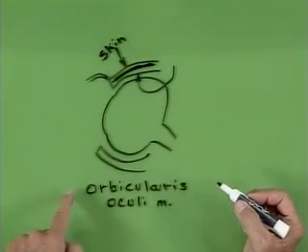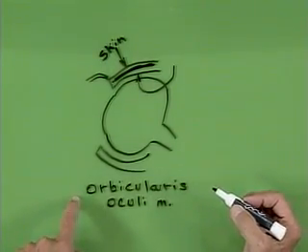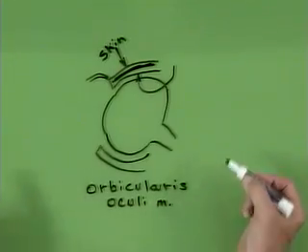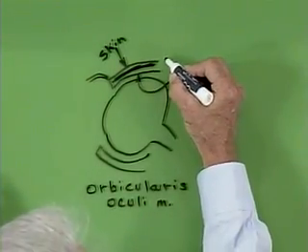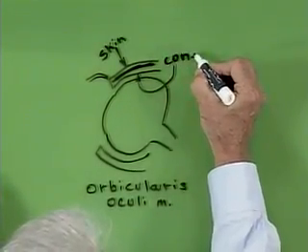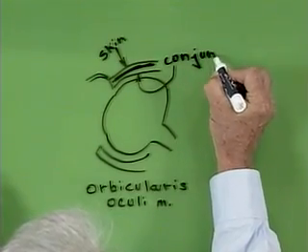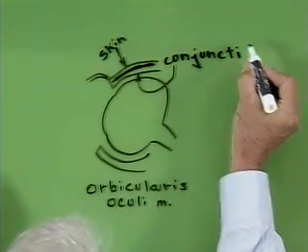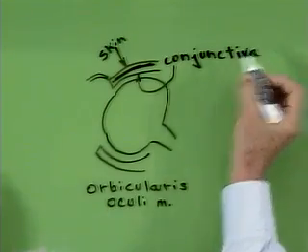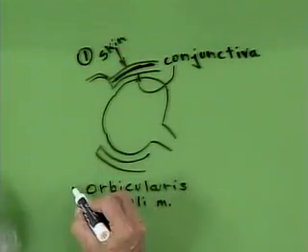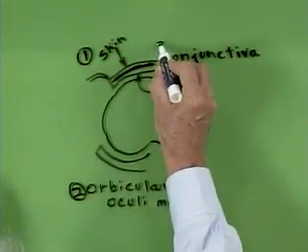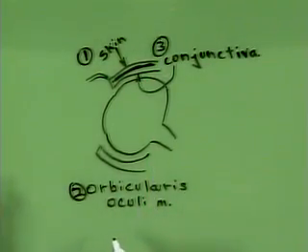There's a little connective tissue proper. Then the next major structure is orbicularis oculi muscle, and finally conjunctiva. Let's write that word again, because it's kind of a strange word to a lot of us. So 1, 2, and 3. Those are the 3 layers from out to in.